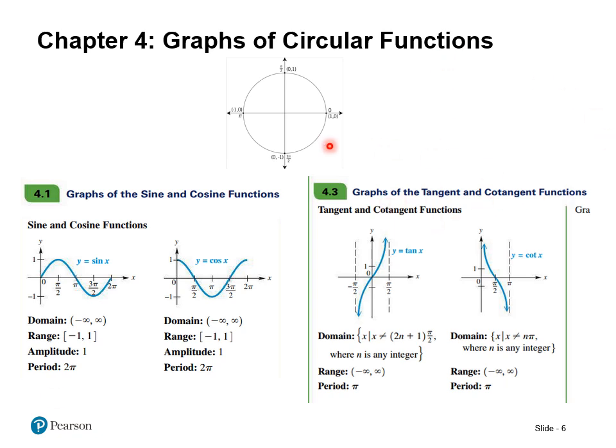For tangent and cotangent, we think in terms of tangent equals sine over cosine. So for tangent, since tangent equals sine over cosine, wherever cosine is 0, since it's in the denominator, tangent will be undefined, and that's shown by the dashed lines here, which are asymptotes.